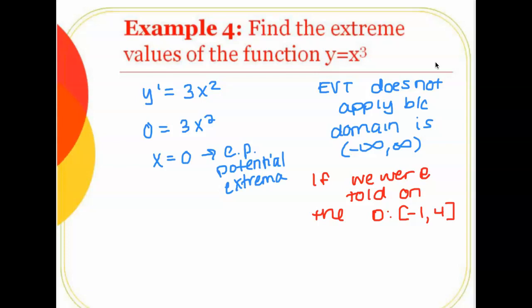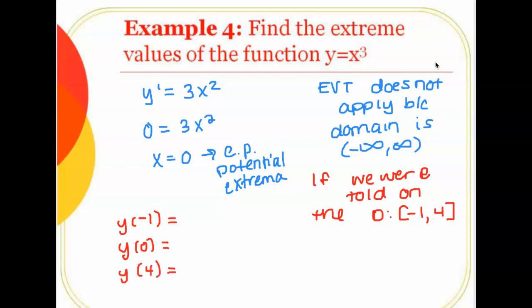If it's a closed interval, now I need to check my endpoints back into the original. So I need to find y of -1, y of any critical points, and y of the endpoints.